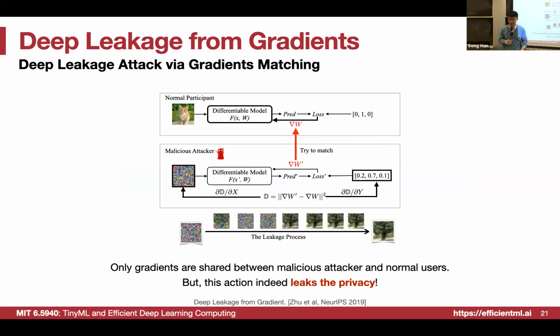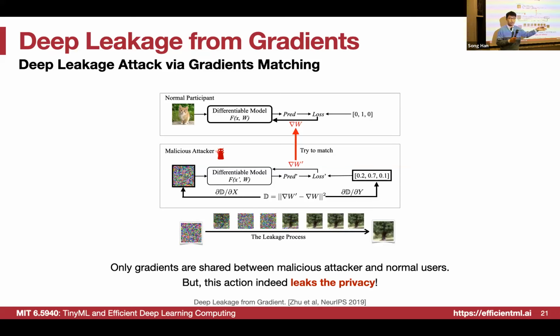Put it in another way, this is a deep leakage attack via gradient matching. We have the true input, and we have a dummy input. We try to learn the true input from this randomly initialized input and also the randomly initialized output. Both the top and the bottom model produce a gradient.